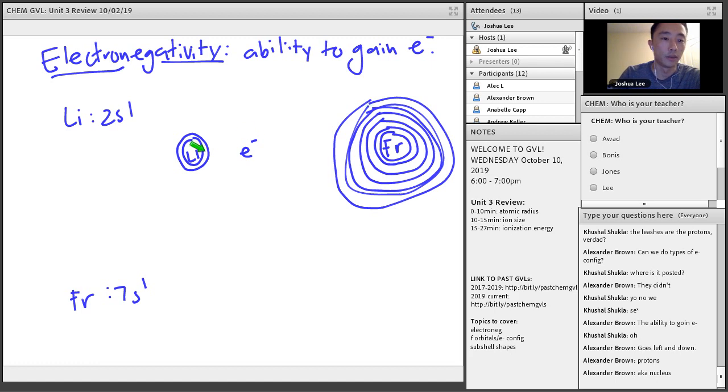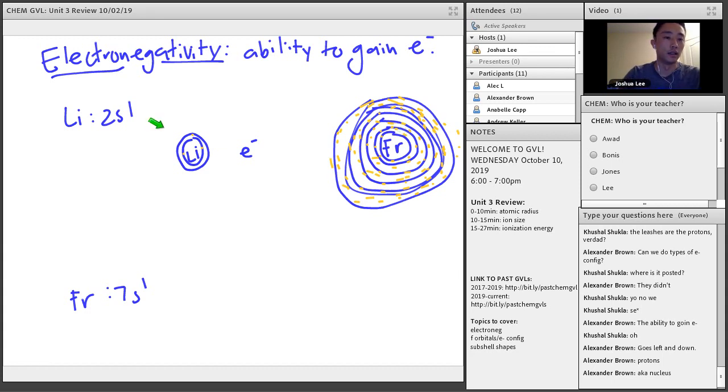And lithium has 1, 2, and then 3 electrons, whereas francium, I'm just going to arbitrarily draw a bunch of electrons right around. Francium actually has 87 electrons. So really the only difference between lithium and francium is that one is only 2 energy levels big, the other one is 7 energy levels big.